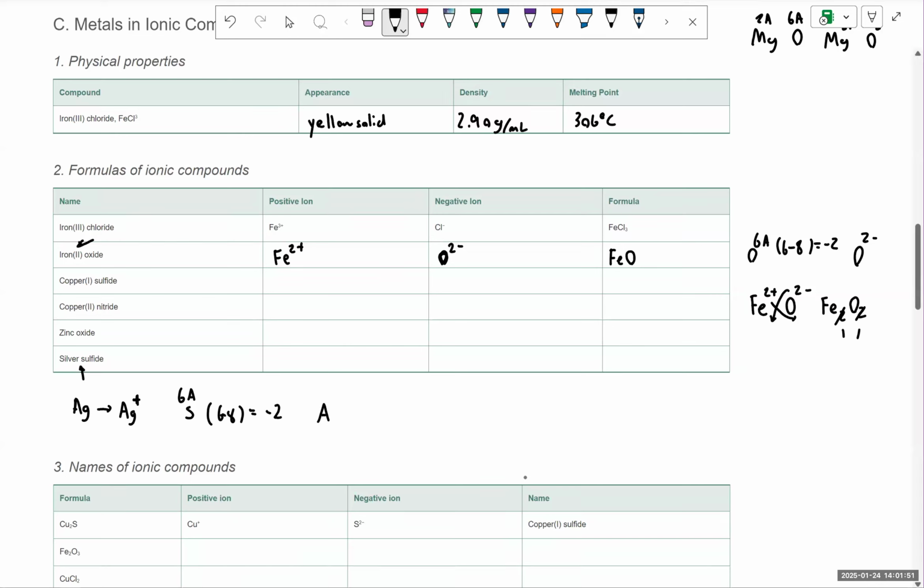So in this case, if we have Ag+ and S2-, and we cross the charge into the corresponding ion's subscript, that gives us Ag2S as the formula for silver sulfide. With these examples in mind, you'll complete the remainder of this table.